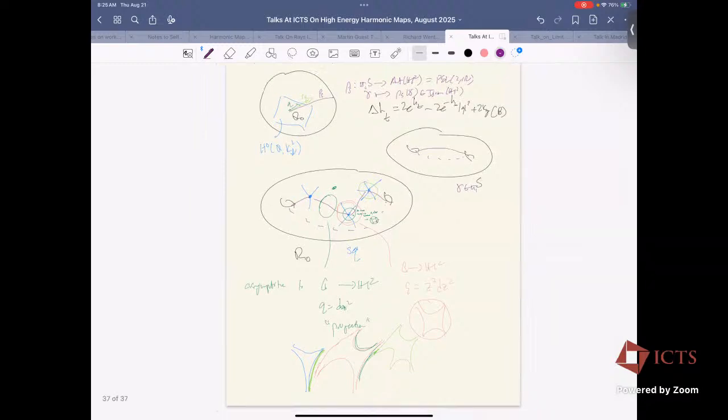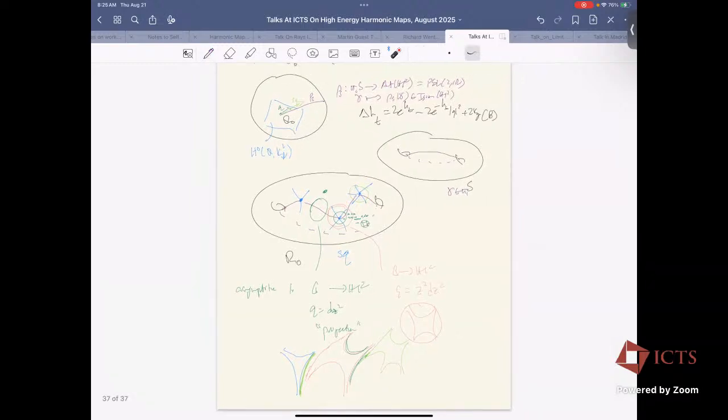So what happens to this curve gamma? Maybe it comes in here, and then it rides along the edge of this ideal polygon and makes its way through. It goes to the other side, rides along that edge, makes its way through, etc. And that's what rho s of gamma looks like.